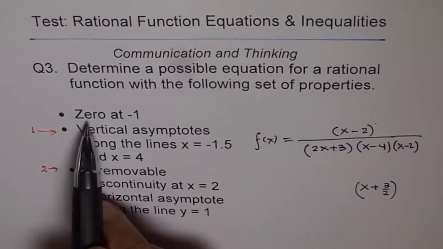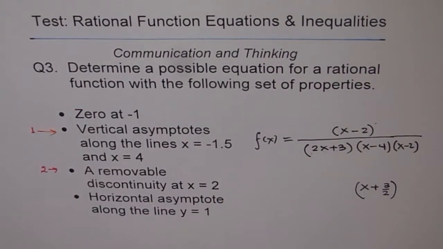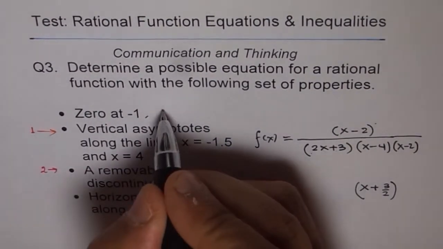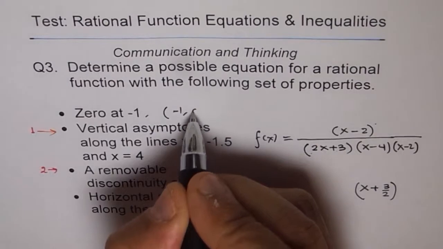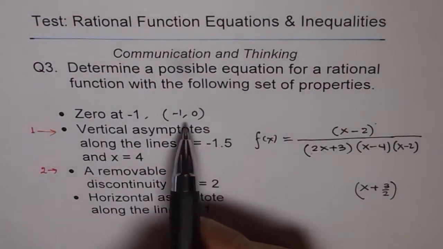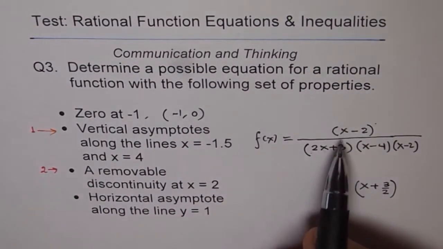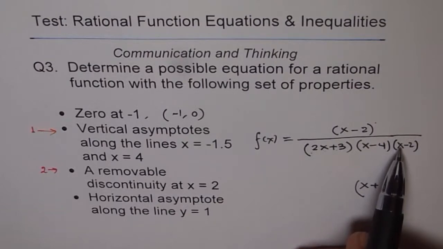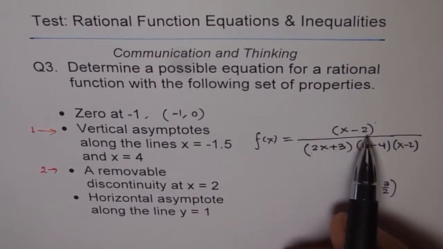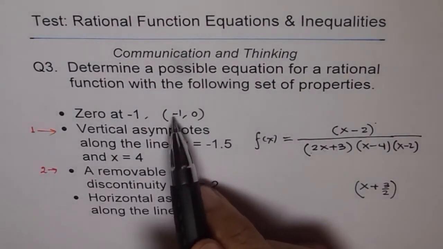Now let's look into zeros at x equals -1. When we say zero at -1, it means our point is -1 and the y value is 0. It also means that if I put -1 in for x, I should get 0 in the numerator. With x minus 2, I'm not going to get 0 in the numerator for x equals -1.